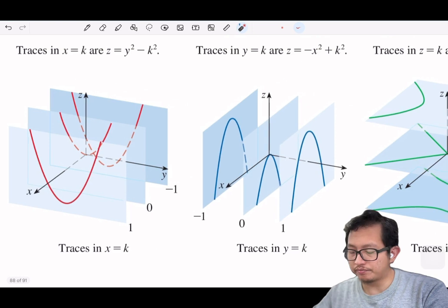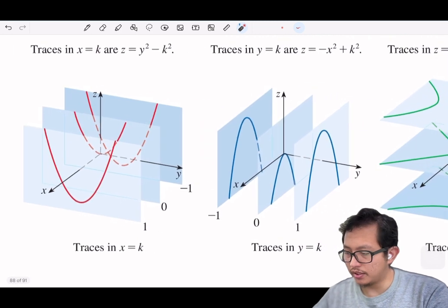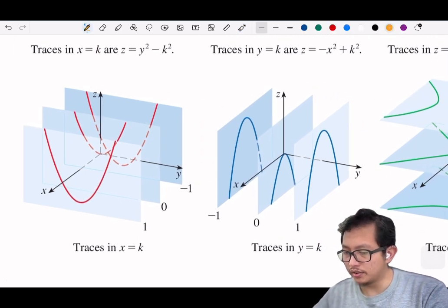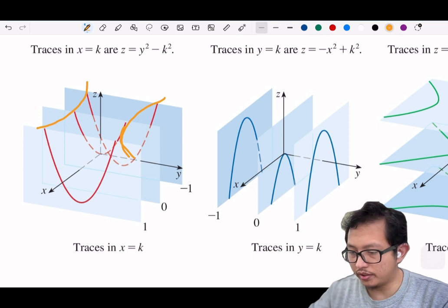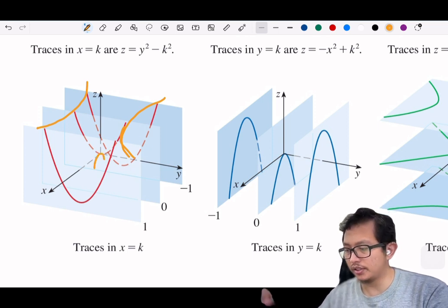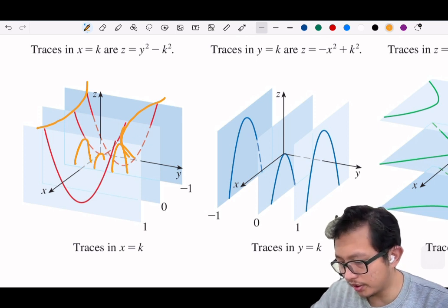And we are going to combine everything here. We're going to combine this parabola, that parabola, and this hyperbola. So imagine that we are going to, let me write with the yellow color here, we're going to have that parabola, and then here is the hyperbola and parabola.